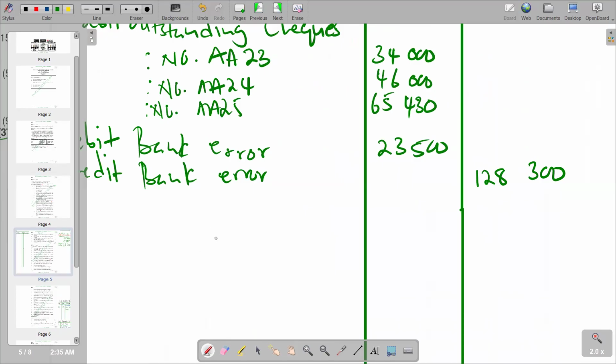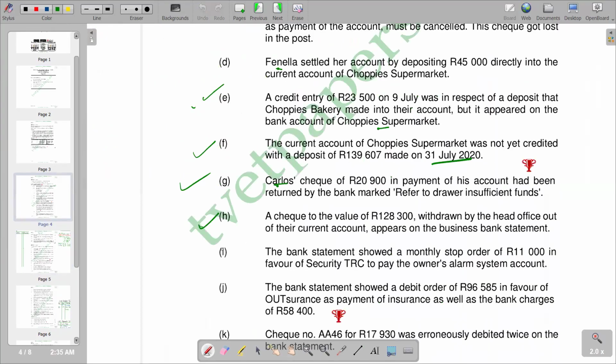Then after that, we try to see the next transaction that we have, which is now on this one. The bank statement showed the monthly stop order of 11,000 rands in favor of Security TRC to pay the owner's alarm system account.